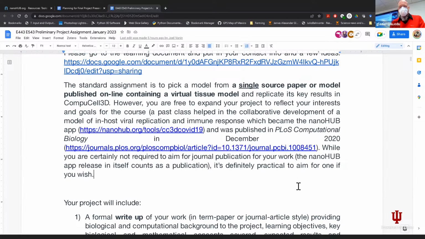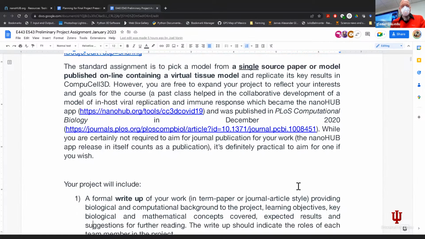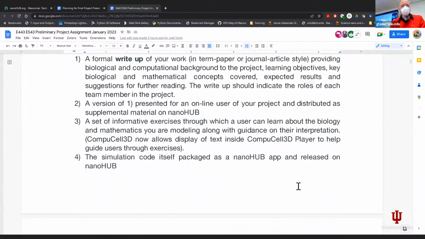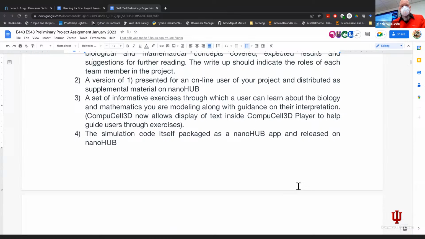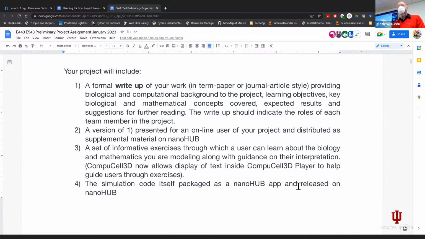Essentially, the way this project will work, this was a little bit confused last semester, so I want to be clear about it, is there will be a write-up. It could be sort of a term paper-like write-up, a journal paper style write-up. Somebody said that saying journal paper rather than term paper sounded intimidating.